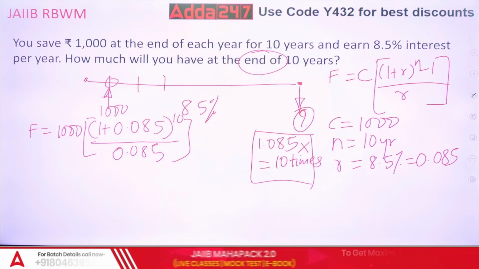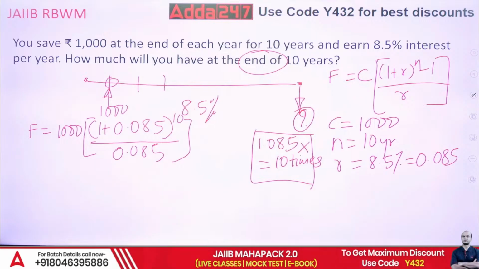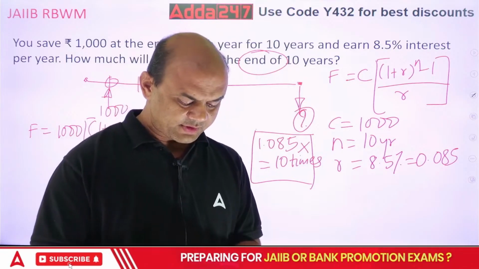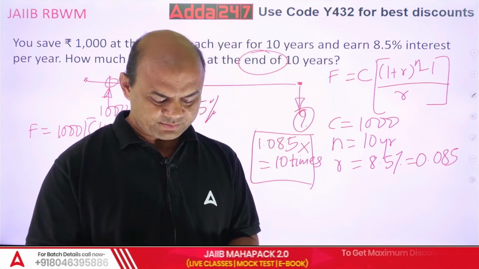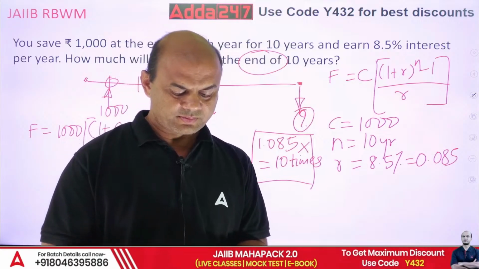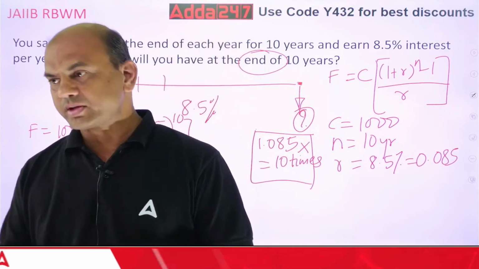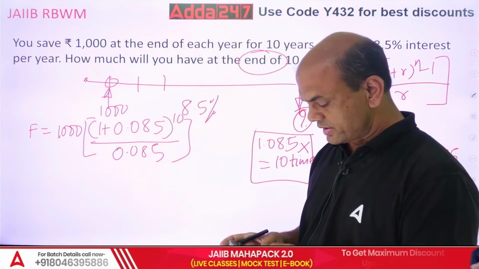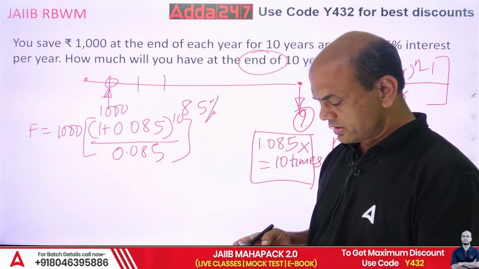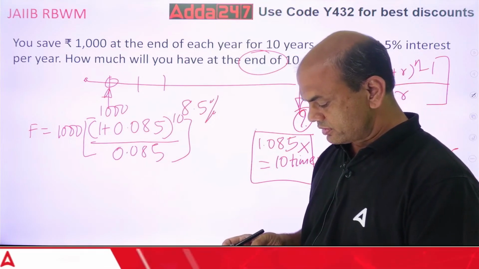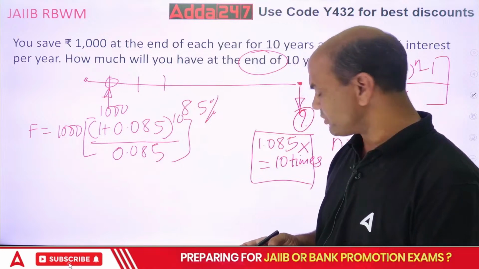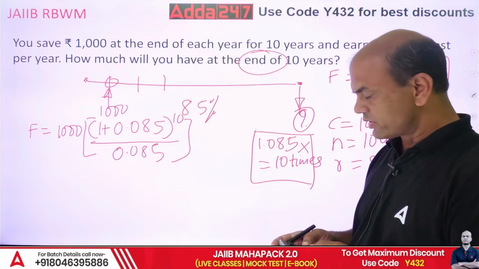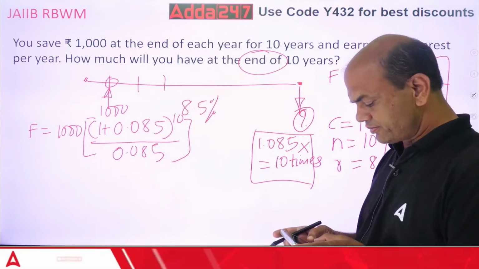Okay? So now let's try this. Everyone try it. Let me also try it over here. What is the answer? Let's see. 1.085, multiply, then equal to, do it 10 times.